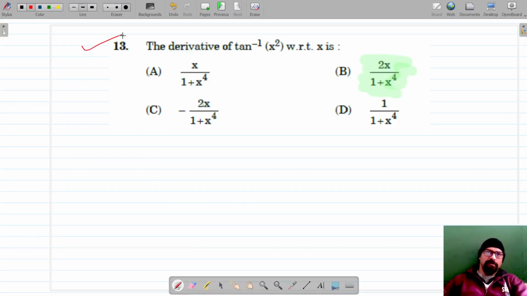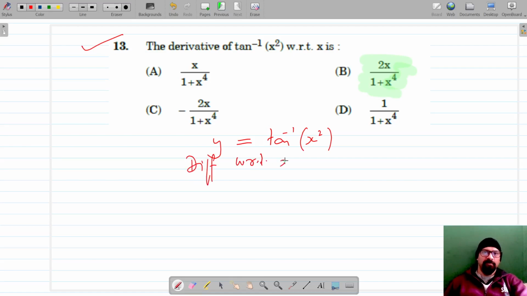For question number 13, we have to find the derivative of tan inverse x squared with respect to x. Let's say this function is y equals tan inverse x squared, and now we are going to differentiate this with respect to x.